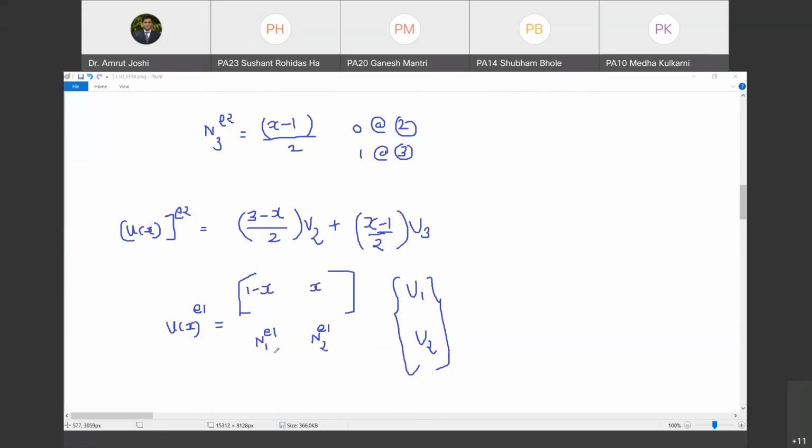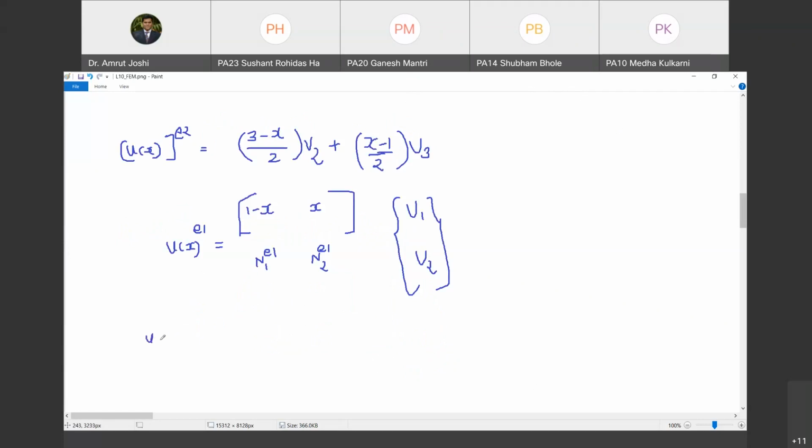So therefore, can I write u of x within element 1? Mind you, u of x is a displacement field because you give me the value of x and I will be able to give you the x directional translation. So it is a continuous function. It is a field, not the value at one location. It is the value at every location within the element.